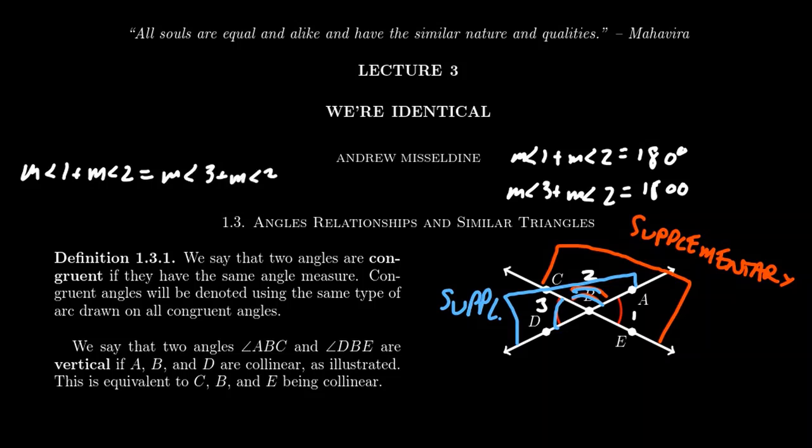If you subtract the measure of angle 2 from both sides, you end up with angle 1 and angle 3 having the exact same measure. And so we say that angle 1 is congruent to angle 3. For congruence, you draw an equal sign with this little extra squiggle on top. Angle 1 and angle 3 are congruent to each other because their measures are one and the same thing. So vertical angles have the same measure, therefore they are congruent.